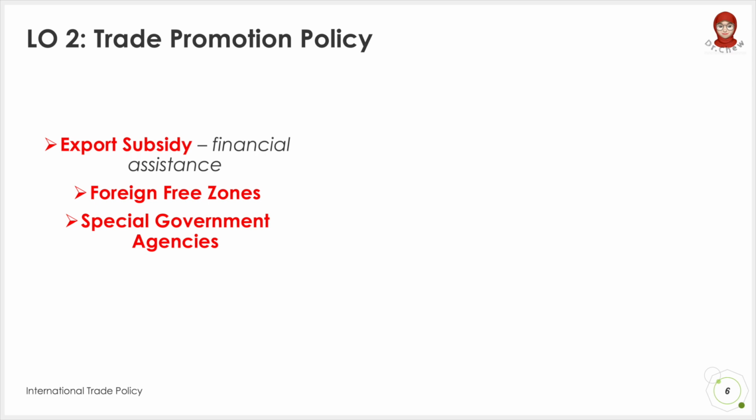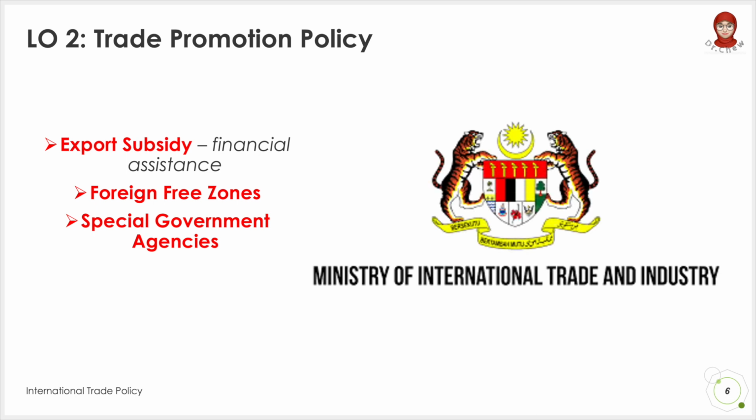Government trade promotion agencies often organize trips for trade officials and business people to visit other countries in order to meet potential business partners and generate contacts for new businesses. For example, the Minister of International Trade and Industry is responsible for assisting domestic producers of Malaysia in international trade activity.